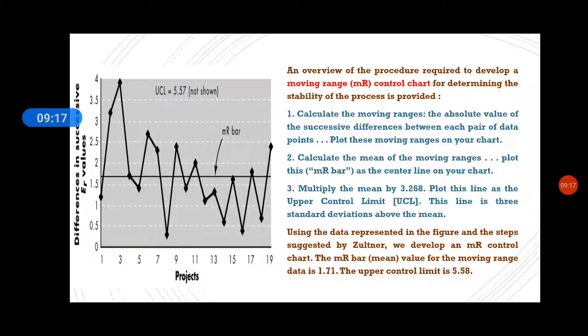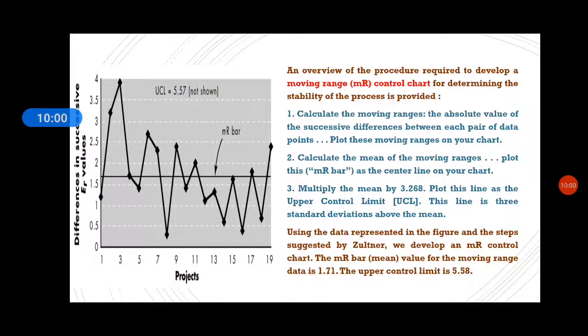And the next point is to multiply the mean by 3.268, for which the organization has calculated the average value of the process metrics. Plot this line as the upper control limit. It is represented as UCL. In this example, we have considered the software organization with 15 projects. So the UCL is given as 5.57, which is not shown.